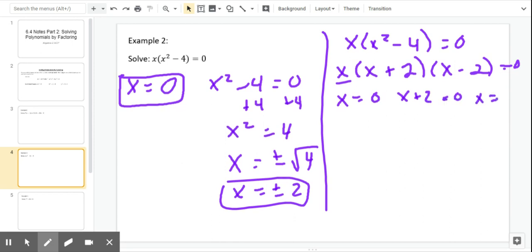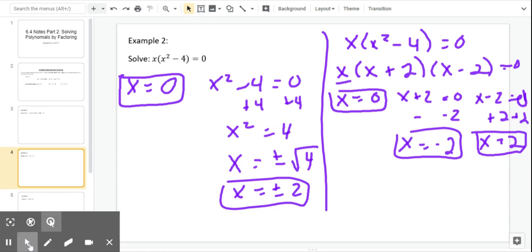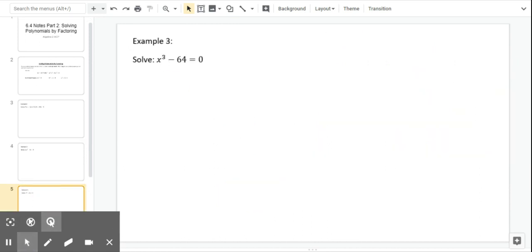X minus 2 equals 0 is our third factor. Now we can solve each of these. X equals 0, already solved. Then we subtract 2 for this one. X equals negative 2. Add 2 for this one. X equals 2. So we get the same answer. Here we got 0 plus or minus 2. Here we get 0, negative 2, positive 2. It's the same thing. Both are perfectly fine ways to solve that.